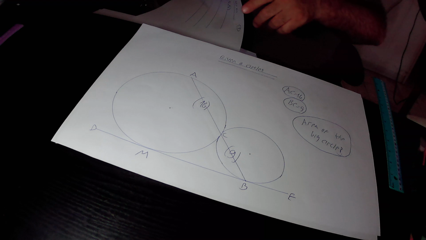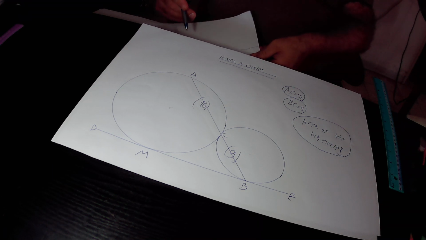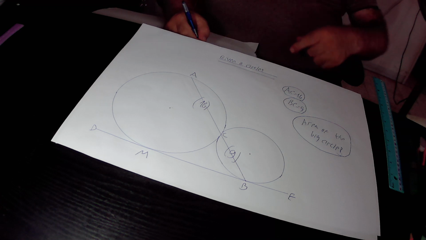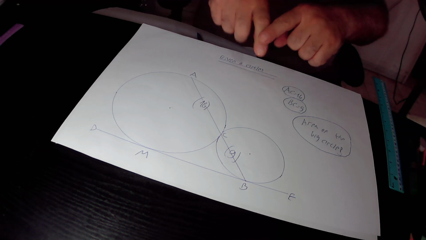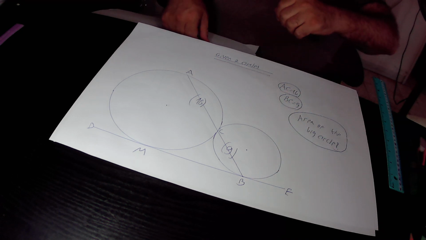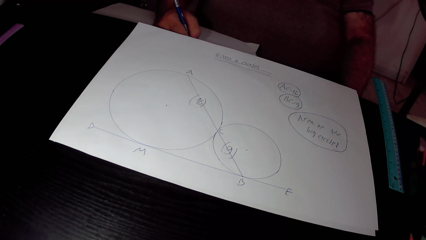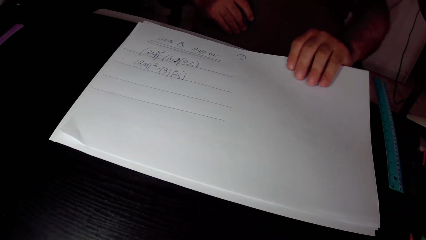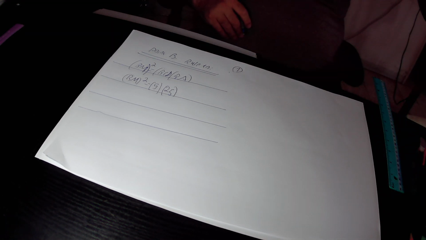BM is the missing tangent, so we want to find it. So we have BM square that is equal to BC, which is 9, times BA. BA in total is 9 plus 16, that is 25. So BA is 25. So in total, according to rule 10, BM square equals 9 times 25.